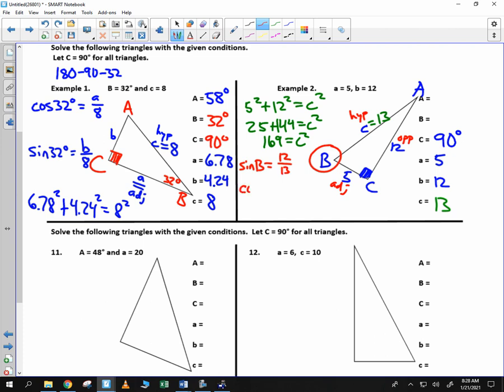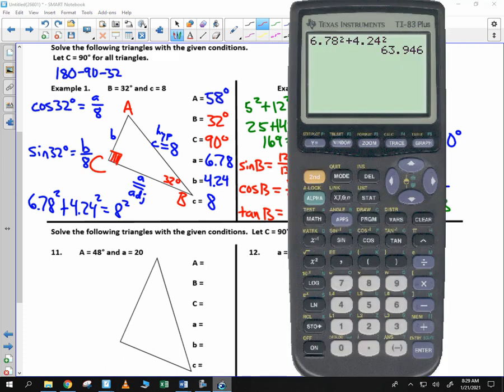Or you could set up cosine of B is equal to the adjacent, which is 5, divided by the hypotenuse, which is 13. Or you could set up tangent of B is equal to the opposite, which is 12, divided by the adjacent, which is 5. So either way, you'll get the right answer, and I will show you.